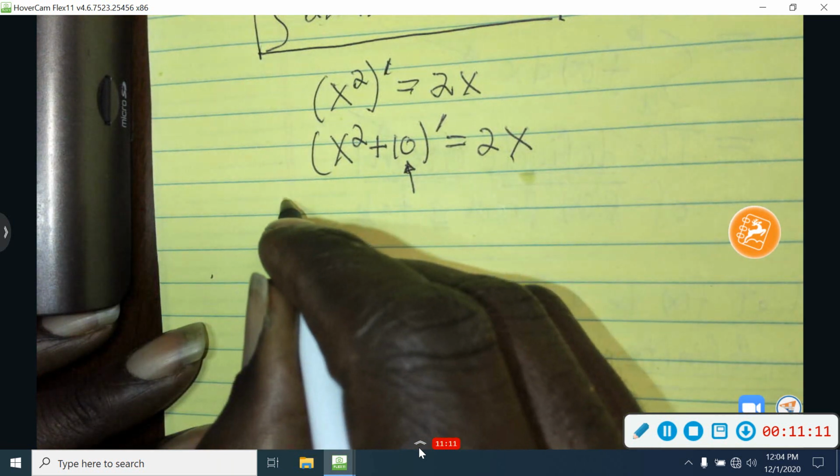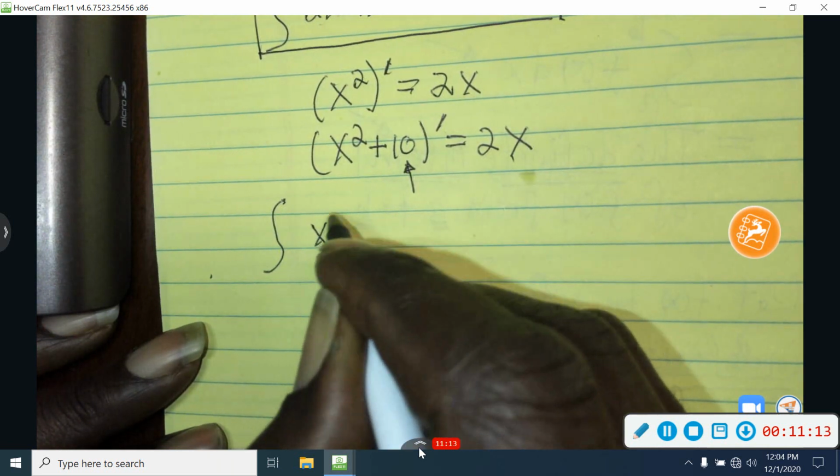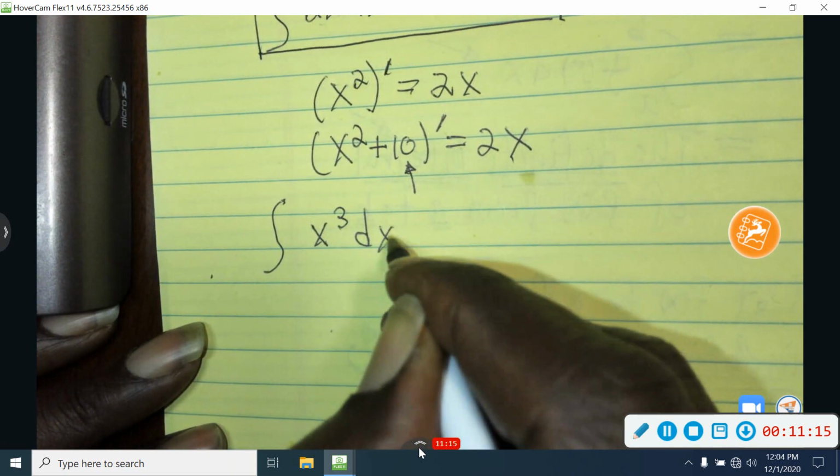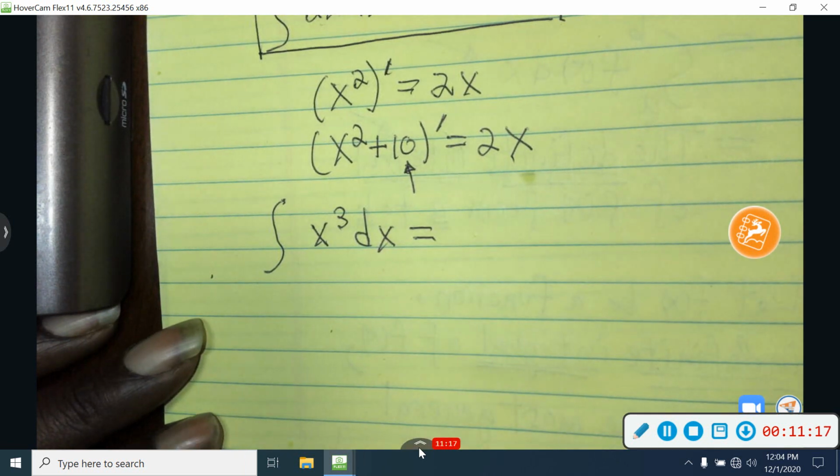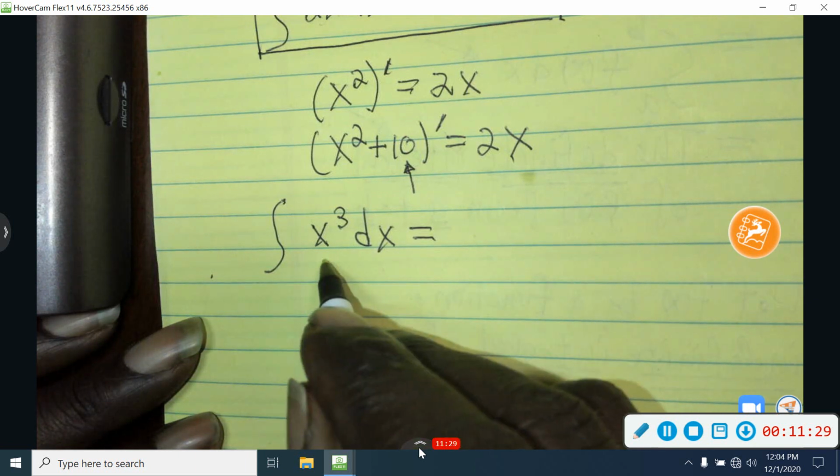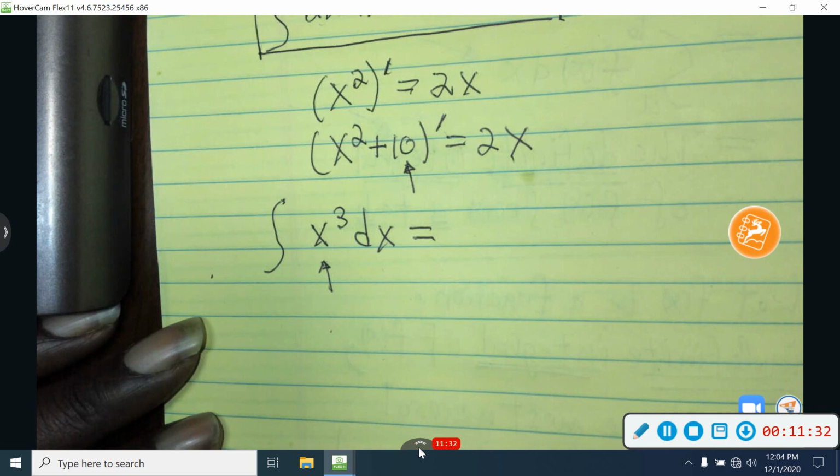Okay? Let's try another one. How about the indefinite integral of x cubed? Can you think backwards on this? Let's see, derivatives lose a power, so it must have been x to the 4th, because when I take the derivative I get an x to the 3rd. But be careful, I get a 4x to the 3rd. I only want an x to the 3rd. So if I'm clever, I'll kill off that 4 when it comes down.